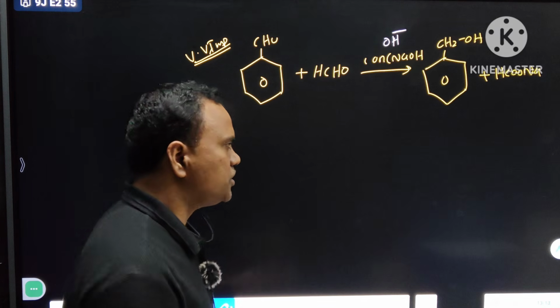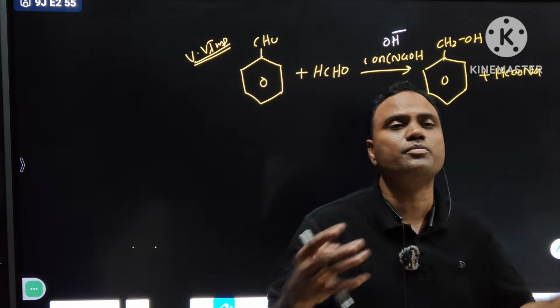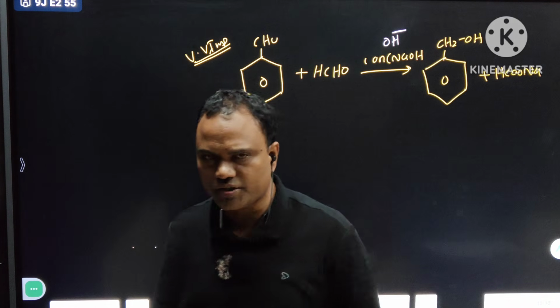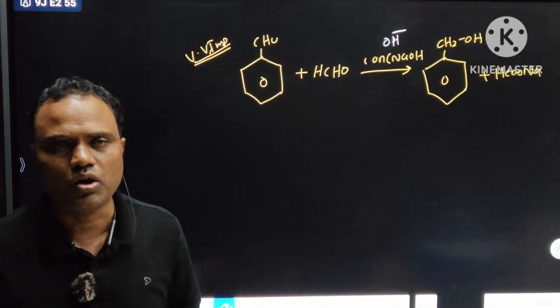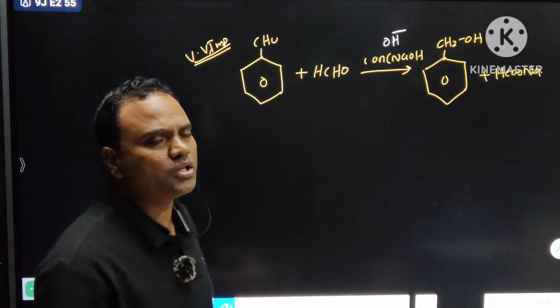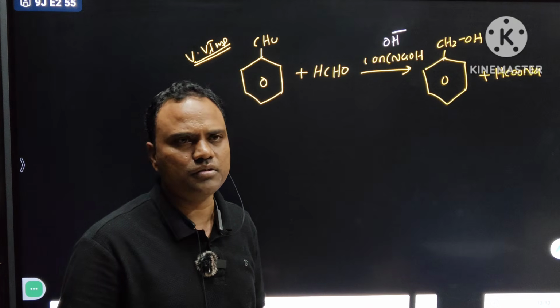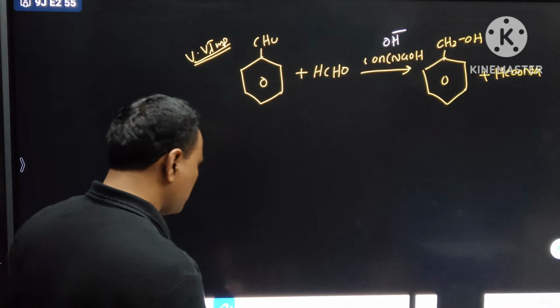Clear? Right. What is the key point in the nucleophilic addition reaction? Presence of a large positive charge. In the last class we discussed, the presence of a large positive charge is the key step, right? If a large positive charge is present on the carbonyl carbon, then OH minus will attack easily. Clear? Let us start the discussion.